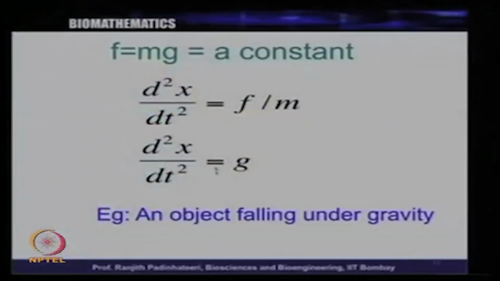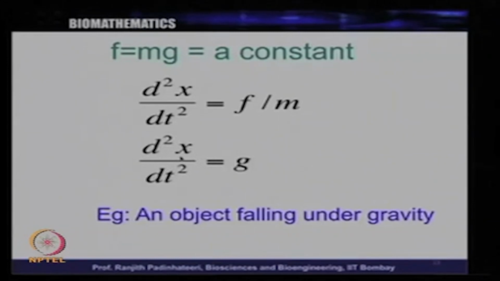So, g is a universal constant on our earth, and once we know this g, we can solve this differential equation, the second order differential equation, and get a solution for x, where x is the position of the object falling.